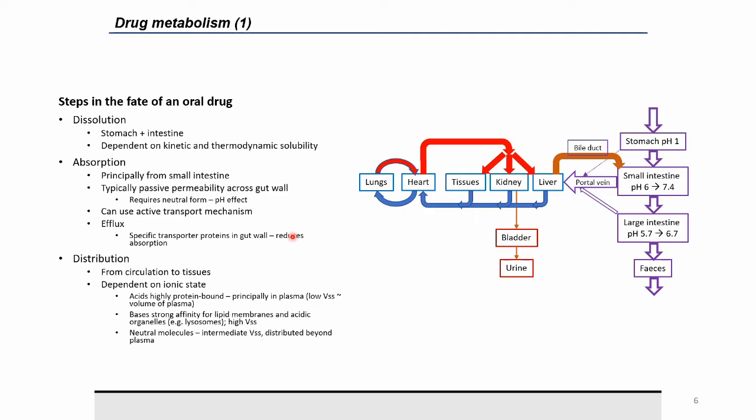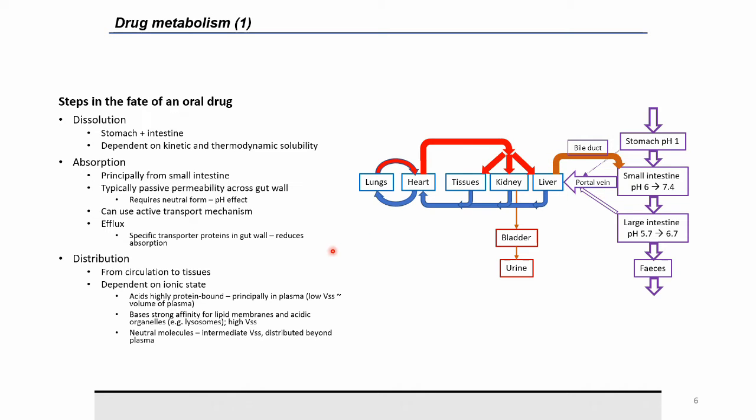However, there are transporters in the gut that are there to take up specific nutrients that the body needs, for example, amino acids, and it is possible to either have a drug that is taken up by active transport or modify it in some way so that it is taken up by active transport.